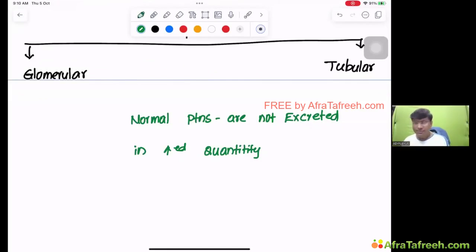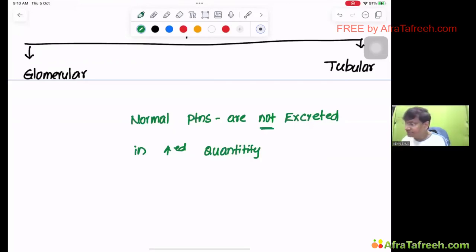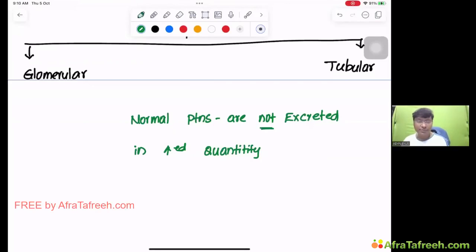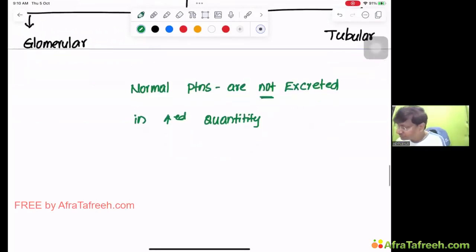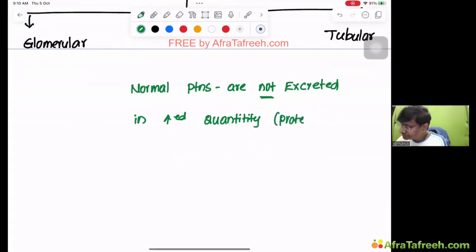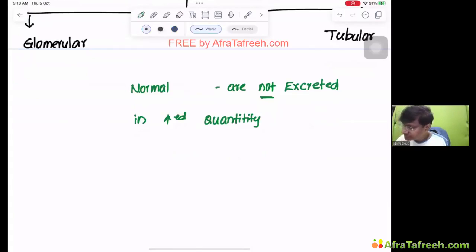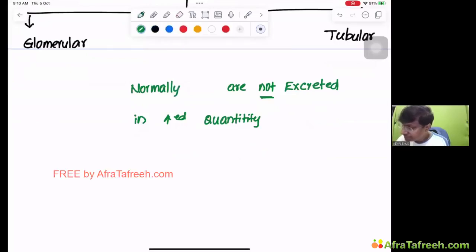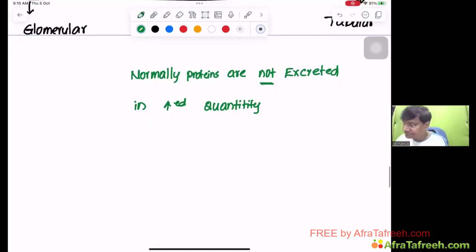So in normal patients, the urine does not contain an excess quantity of protein. Now the question comes, why?